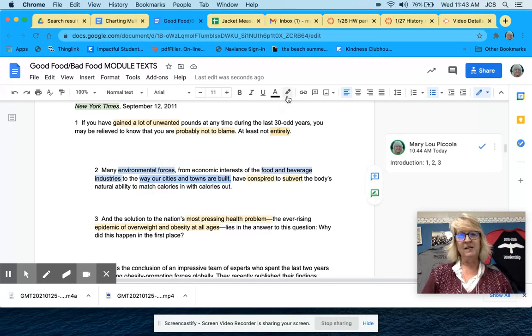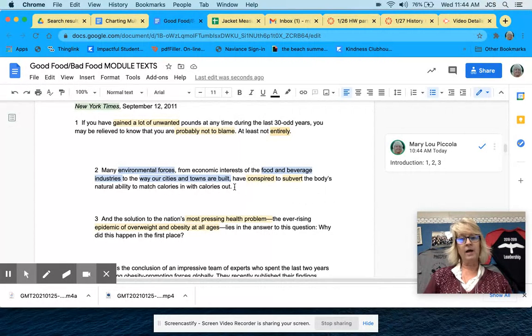That's an actual piece of data that could be responsible for the lack of exercise that people are getting, or the lack that they're getting because they don't have to exercise. Everything is very much easy to get.